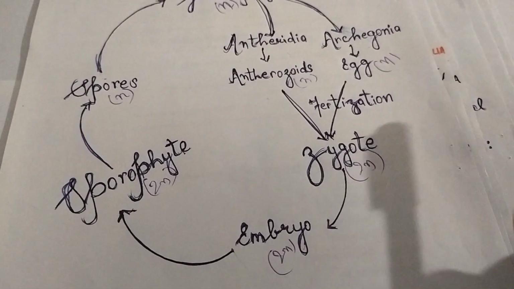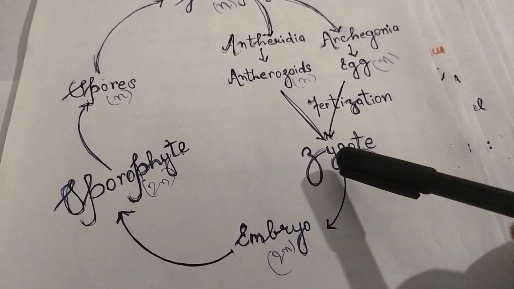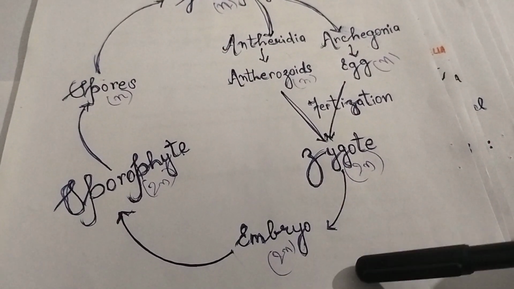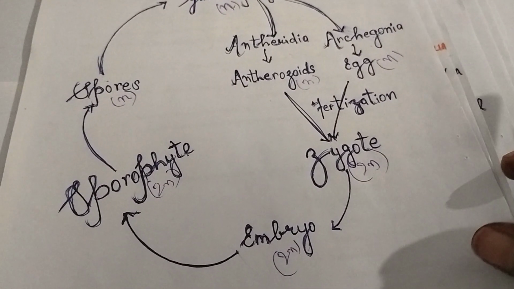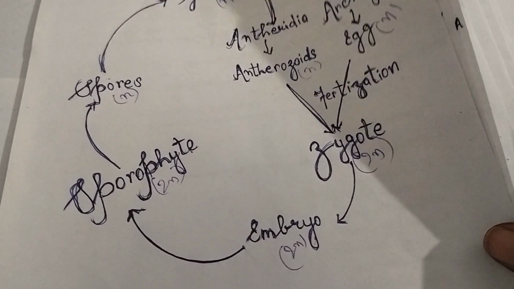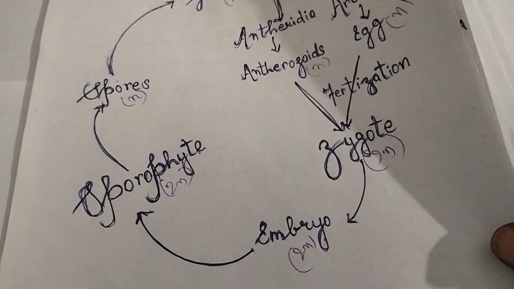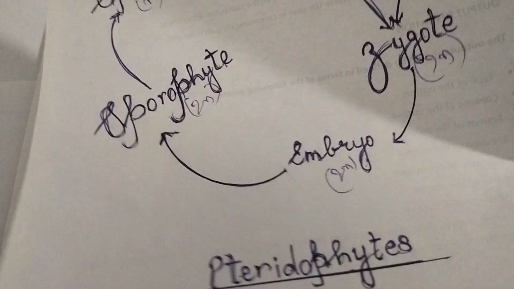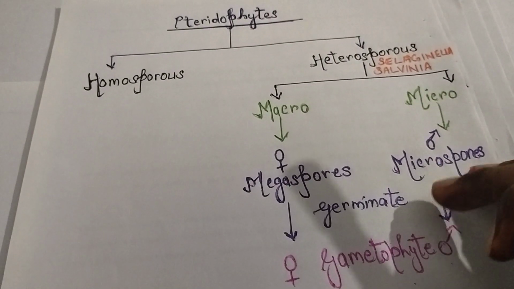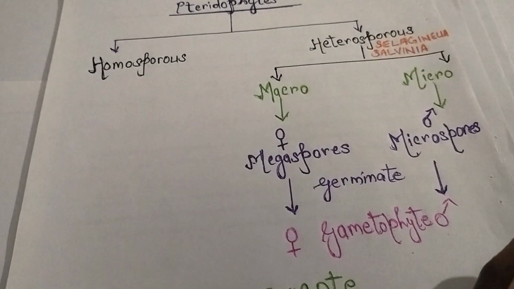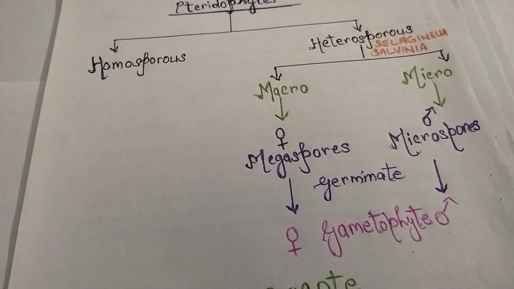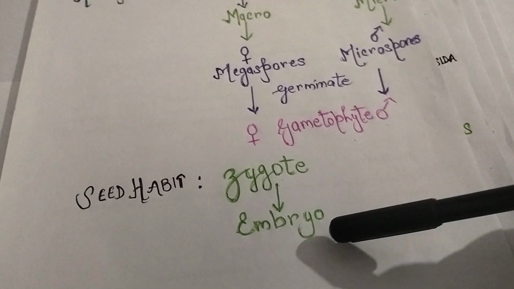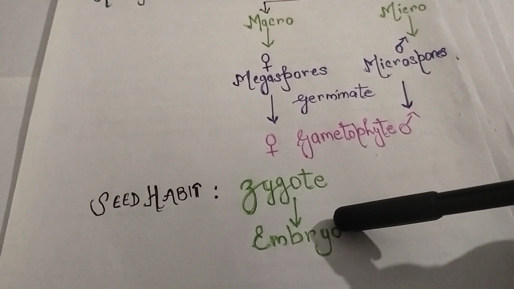And as we have discussed earlier, this stage, that is the formation of embryo, is the precursor to the seed habit, which is considered an important step in evolution.